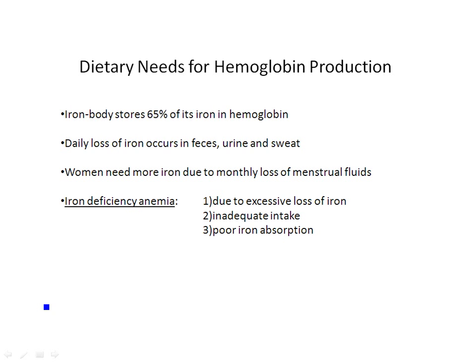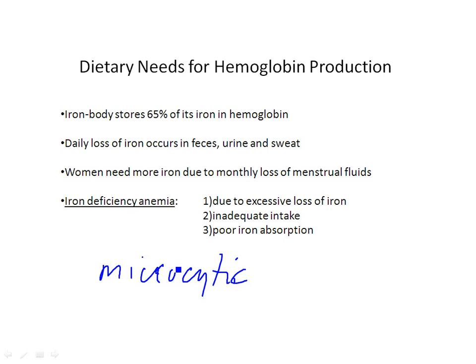The problem is all of these, no matter what the cause, are going to result in what are known as microcytic red blood cells. Let me write that on here. Oops, that's an R, I can't write. Now, microcytic red blood cells are like the name says. Micro, they're small cells. So they're smaller, they contain less hemoglobin.